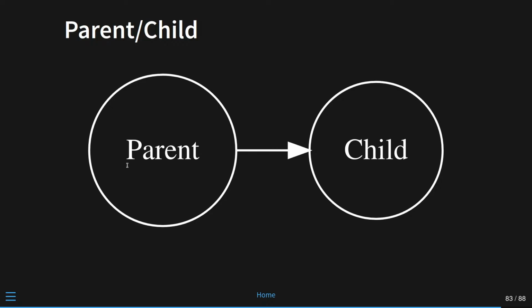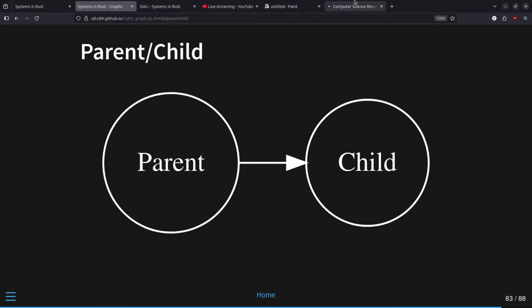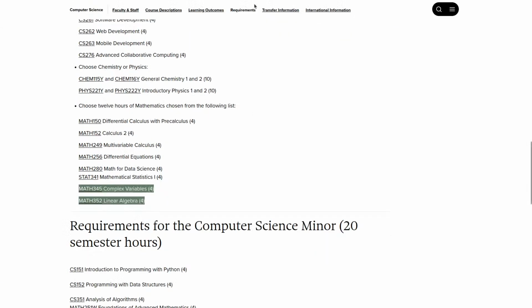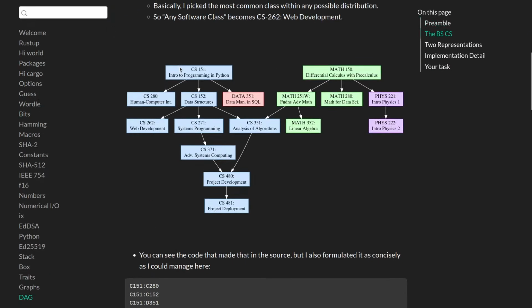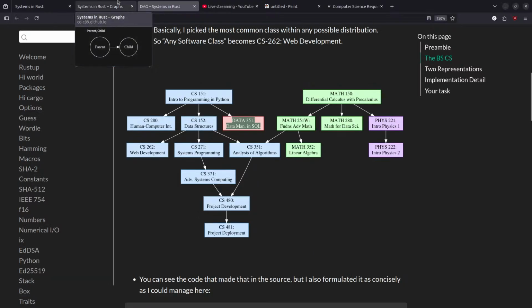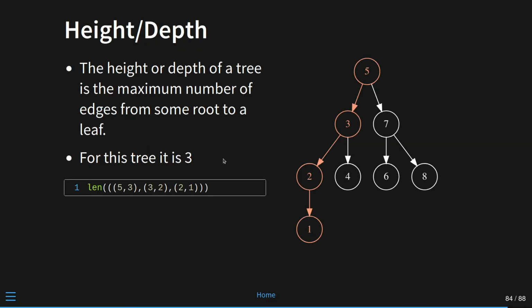I never know how to spell it. This is the parent-child relation. And so the way to think of this is, obviously, CS151 is the legal guardian of data 351. Anyways, I stopped using that terminology because it seemed weird.